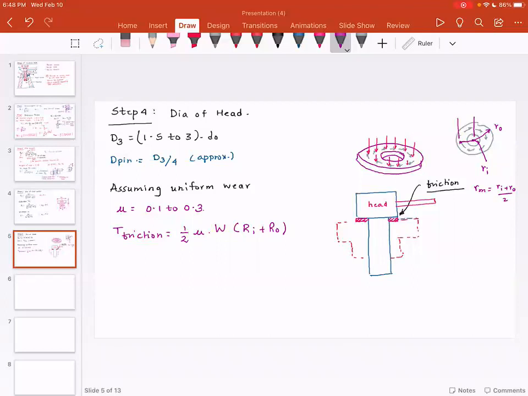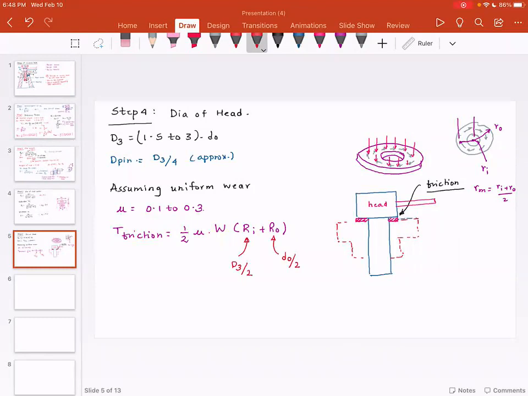Assuming the plate dimension is the same as the head dimension, Ro is going to be dO by 2 and Ri is going to be d3 by 2.